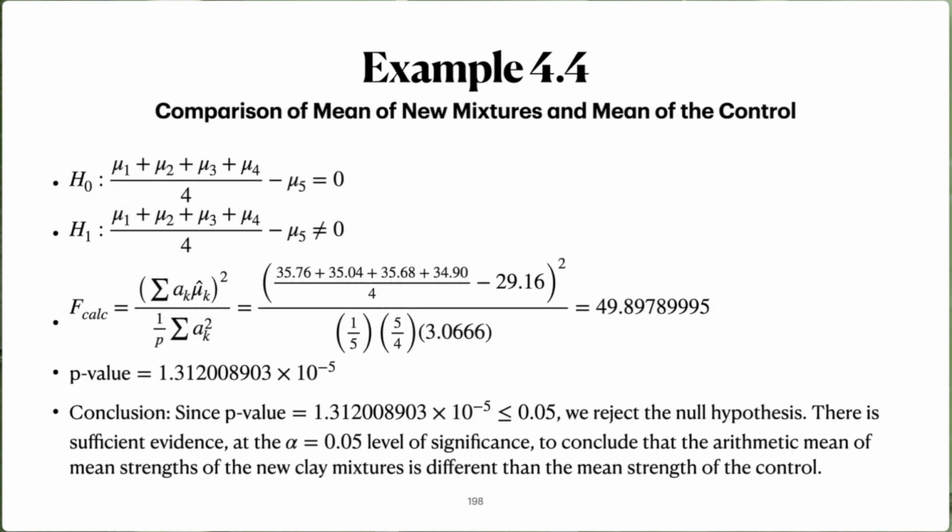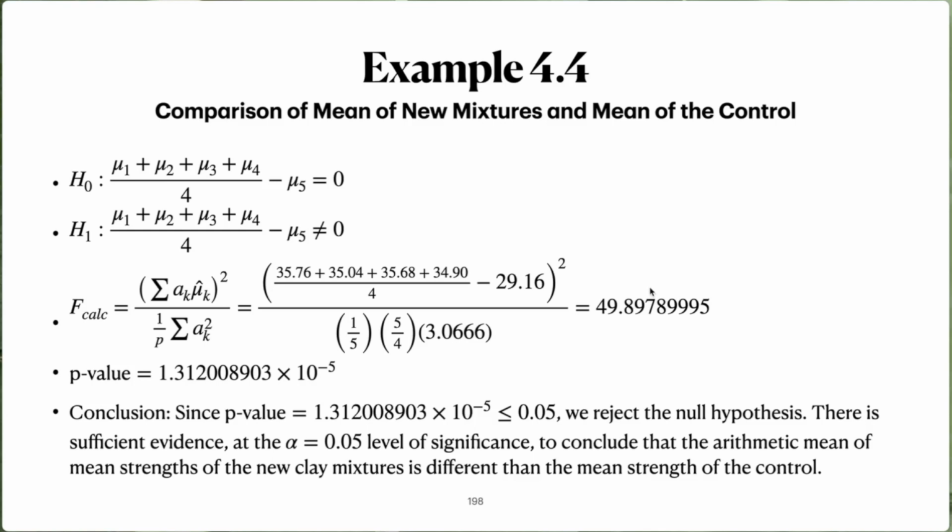The null hypothesis is that the arithmetic mean of the treatment means for the 4 active treatments, the new clay mixtures, which would be the arithmetic average of mu1, mu2, mu3, and mu4, minus the mean of treatment 5, the control treatment, is equal to 0. And the alternative would therefore be that the difference is not 0.